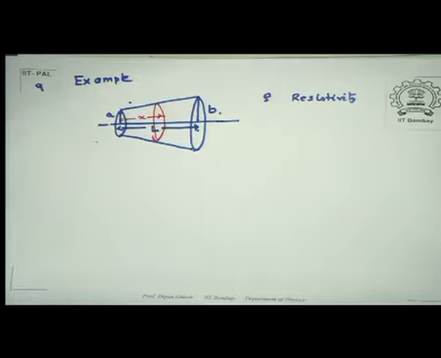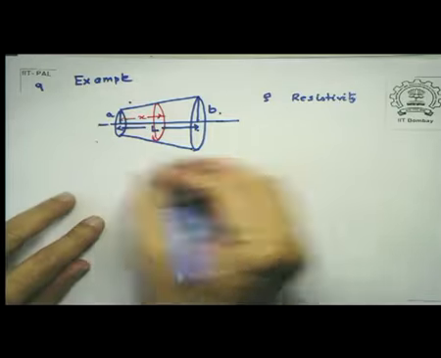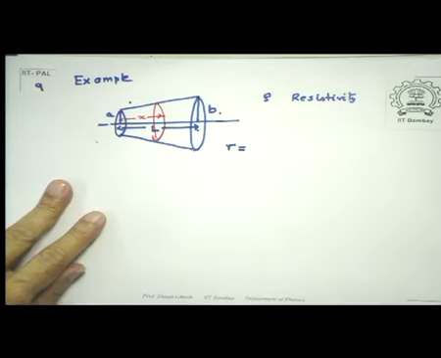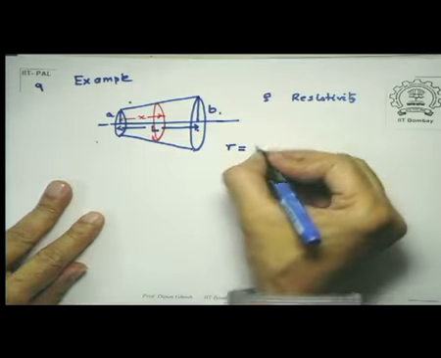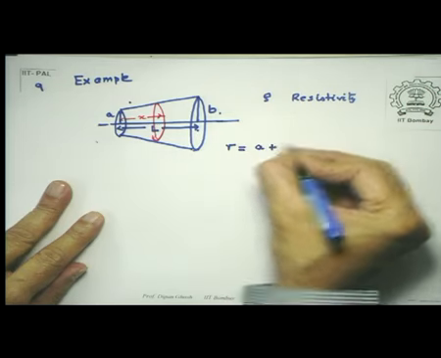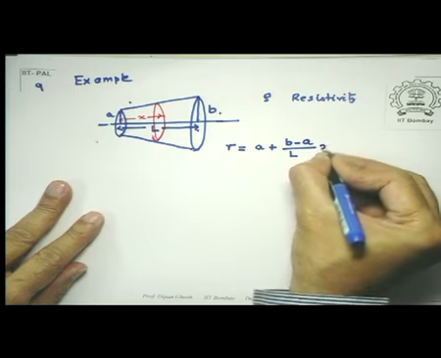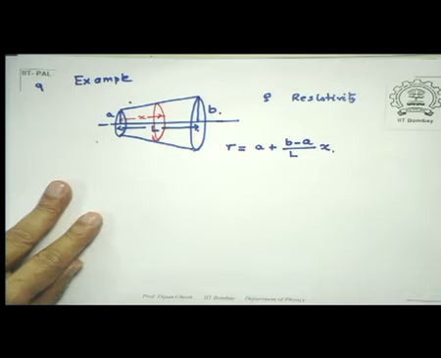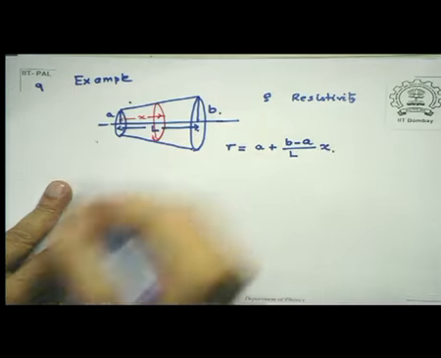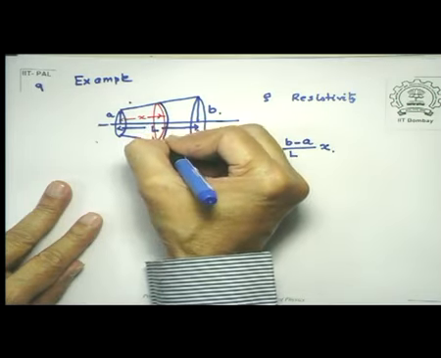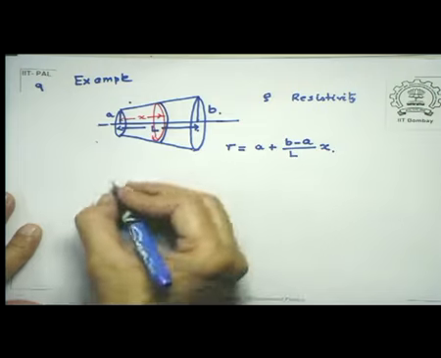Now this is linear, so we write down the radius of that section at a distance x is given by a plus (b minus a) over L multiplied by x. Supposing at that distance I consider a small cylinder of width dx.